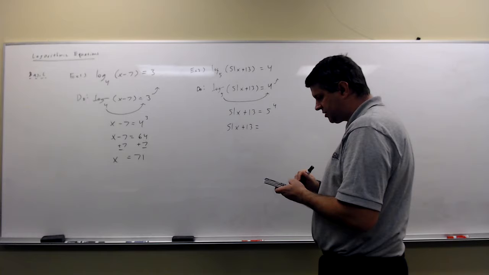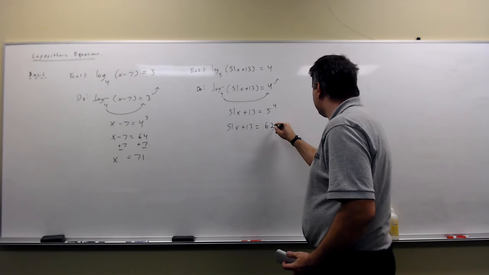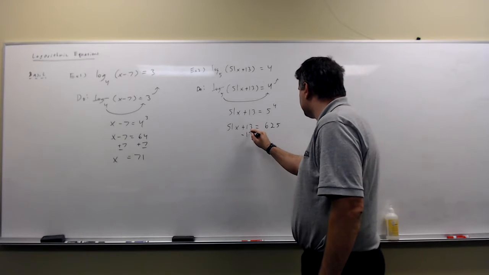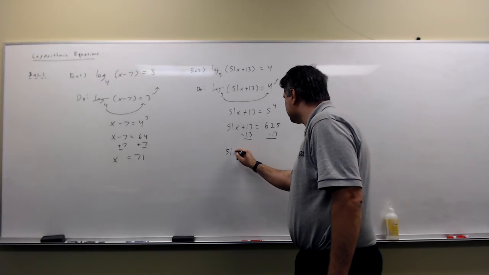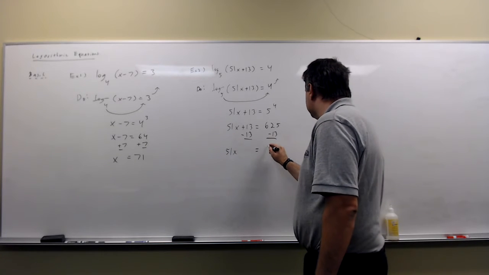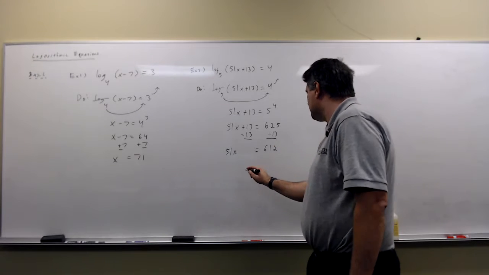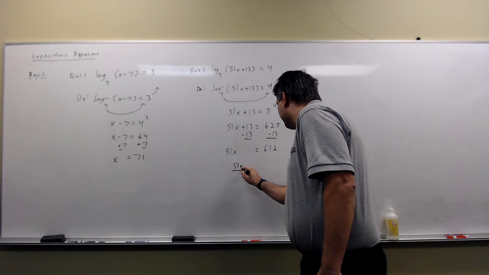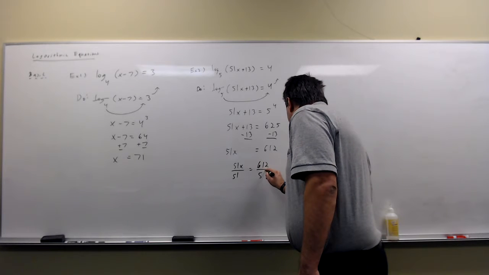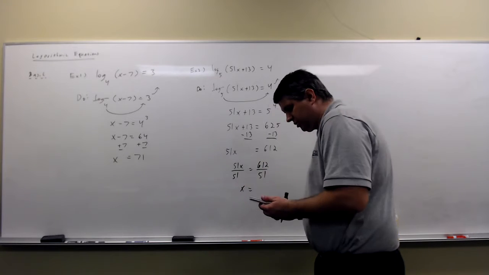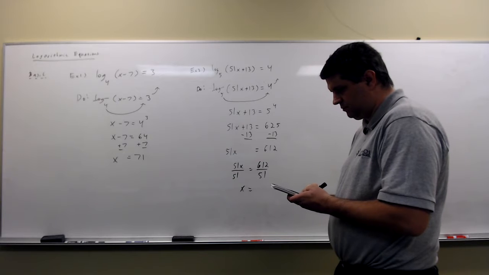Pretend I don't know the answer to that: 625. Subtract your 13, and 51x is 612. Divide off your 51, and x equals 12.